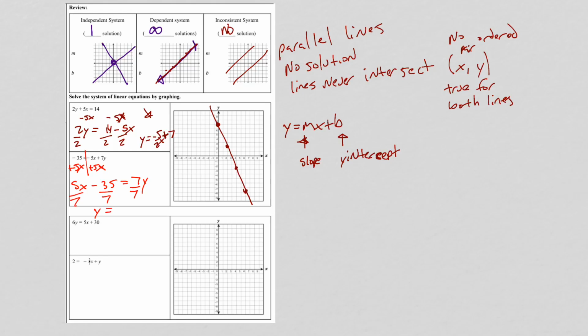You get y is equal to 5/7 x minus 5. So then let's find the y-intercept. It's at minus 5. 1, 2, 3, 4, 5. And then our slope is positive. It's going to be up 5 over 7. So there's that line.